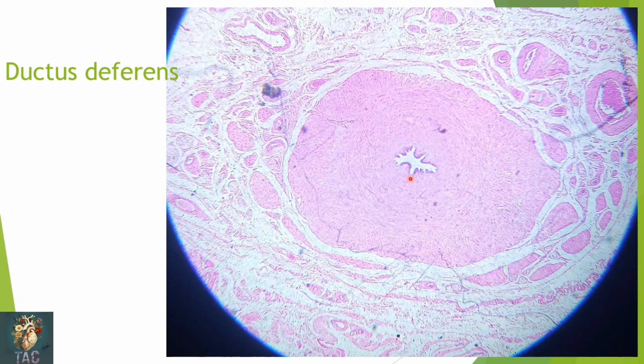Another slide of the ductus deferens, you can see the complete lumen, and this is a slide at lower magnification with H&E stain section, a very beautiful slide and easy to identify.